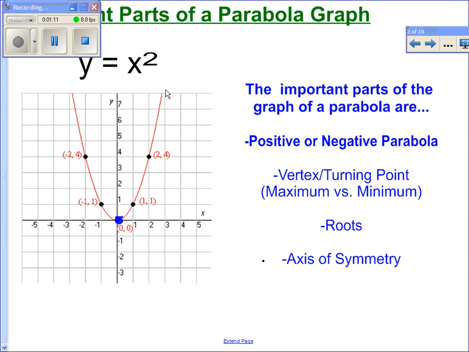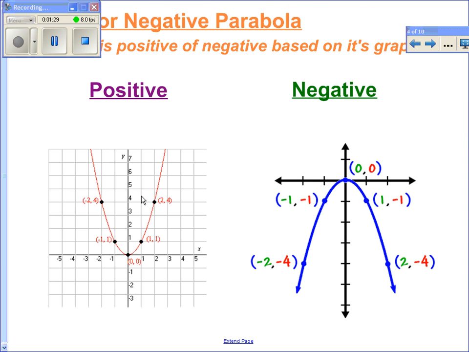Okay. The important parts of the graph of a parabola are whether or not they're positive or negative, the vertex, which is the turning point, and that's either a maximum or a minimum, the roots, and the axis of symmetry. And I'm going to go through all of those key points. So the first thing has to do with positive and negative. Remember, positive is just going to mean that it opens up.